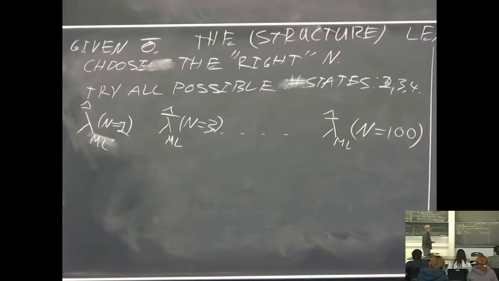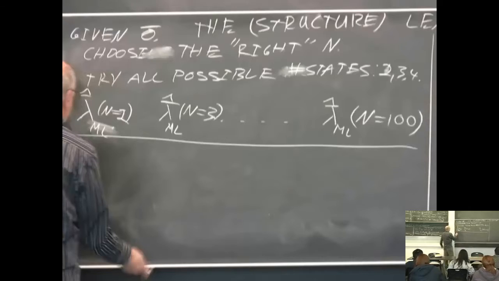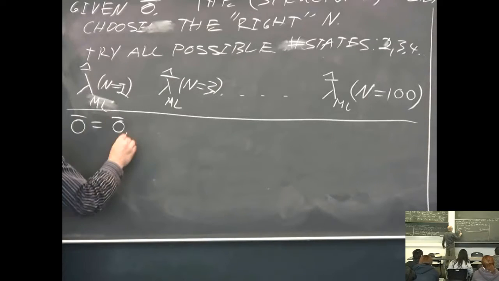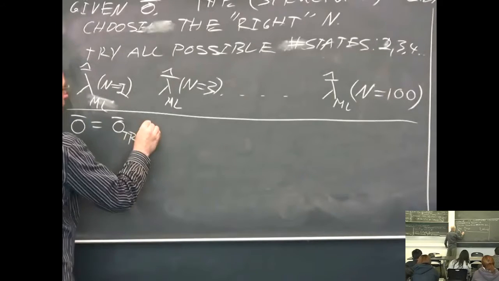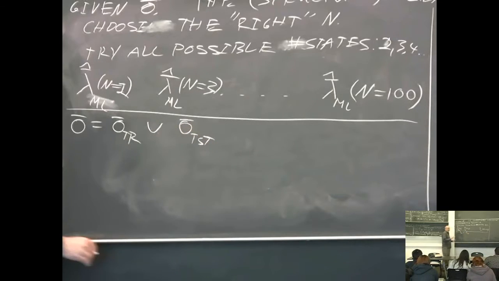So let's look at the likelihood. We broke the data into O, which consists of O train and O test. Right, we separate them into two parts.